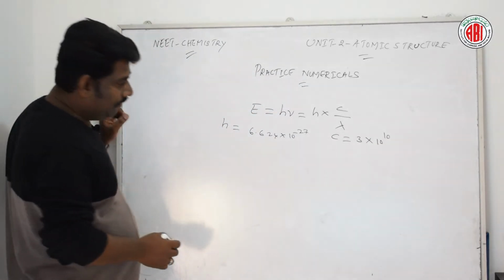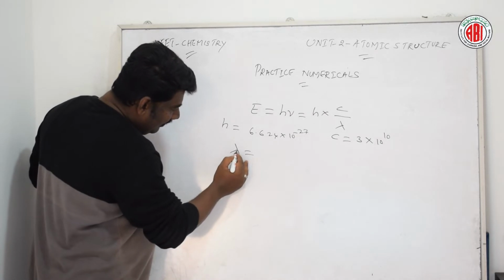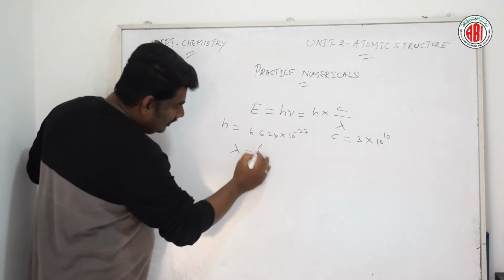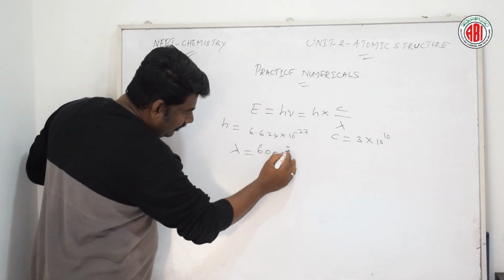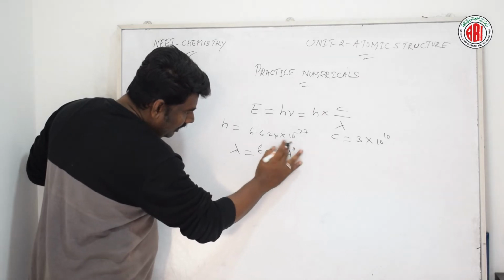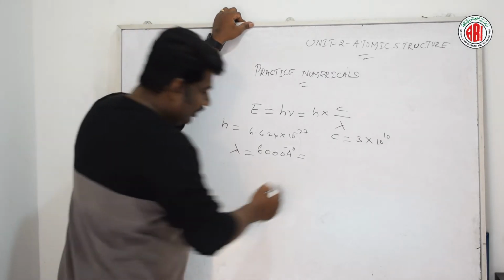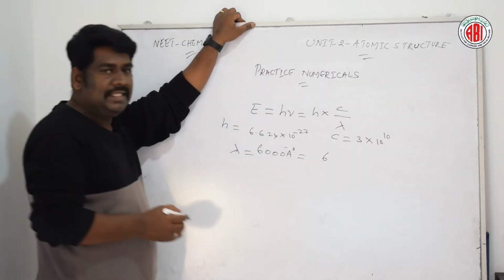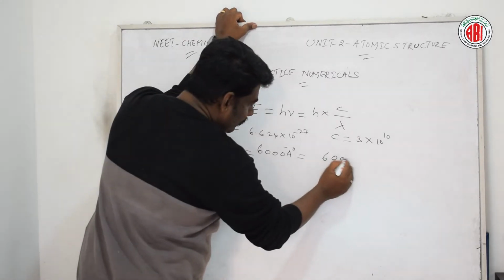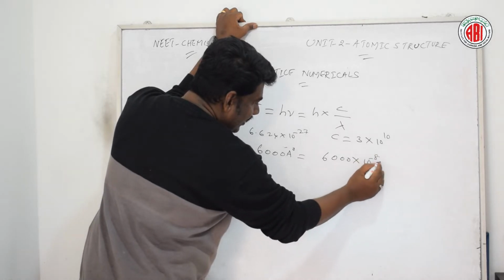And lambda value is given in Angstrom, 6000 Angstrom, so that could be considered in centimeter, that means 6000 into 10 to the power of minus 8 centimeter.